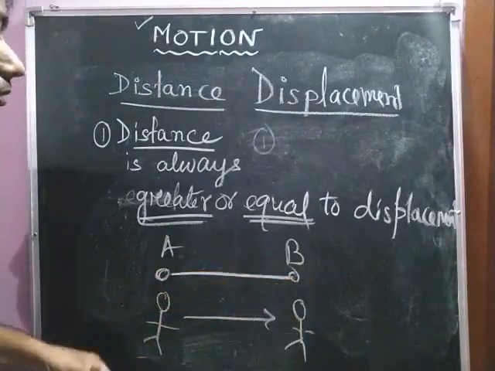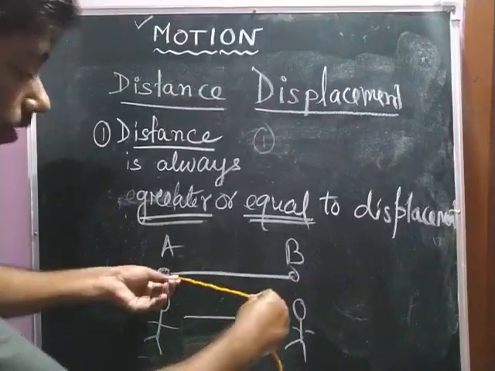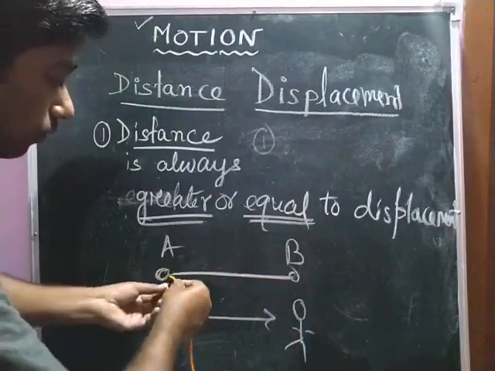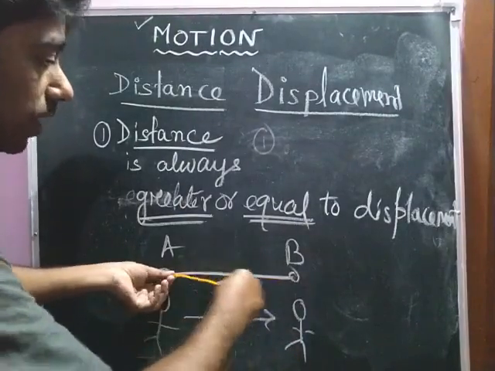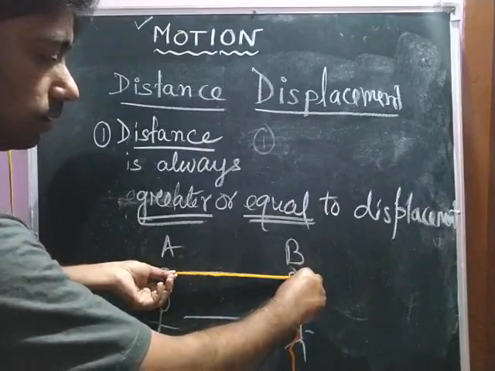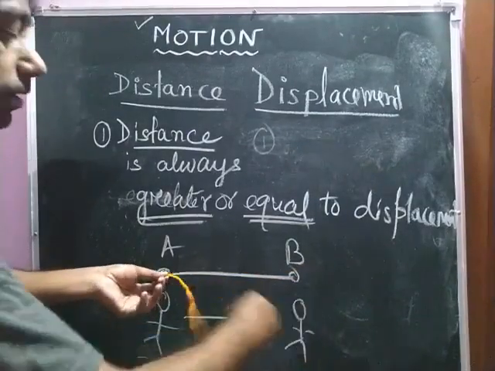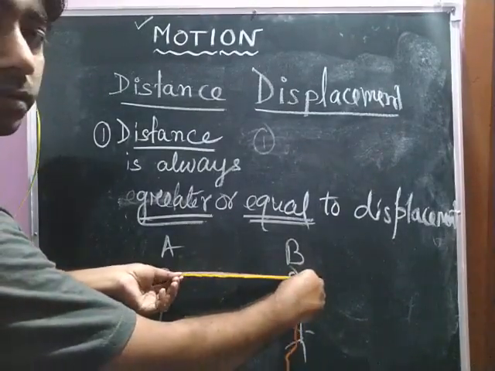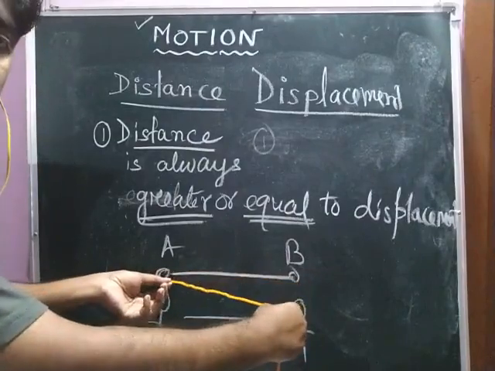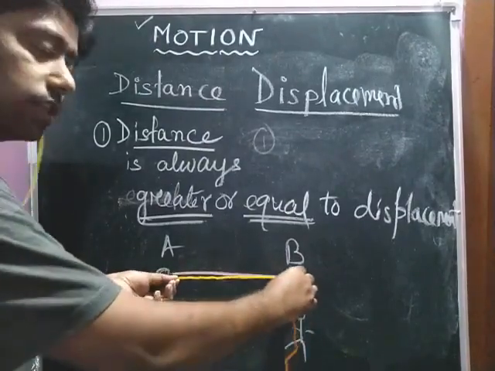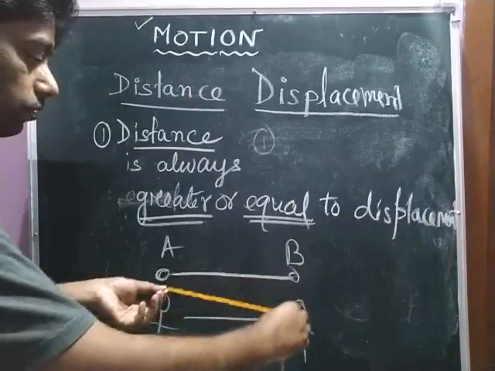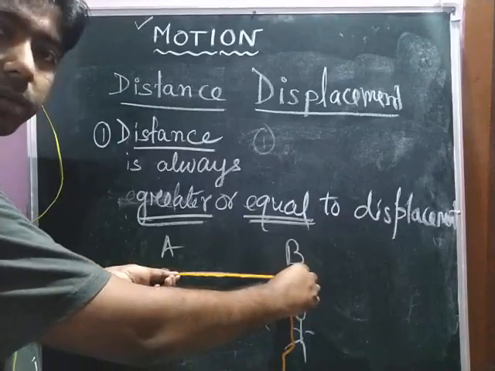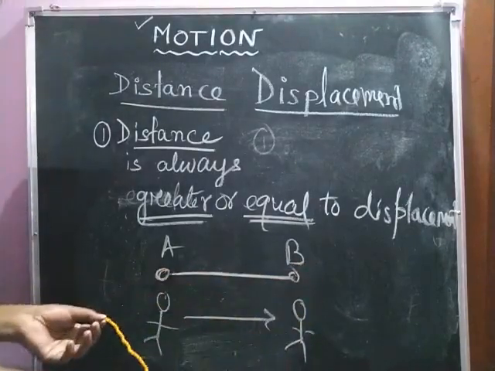If I ask you to measure displacement also, again you have to go by the shortest path, straight from A to B. Again it is the same measurement you will get. So in this straight line motion, distance and displacement become equal. It's a special case only.